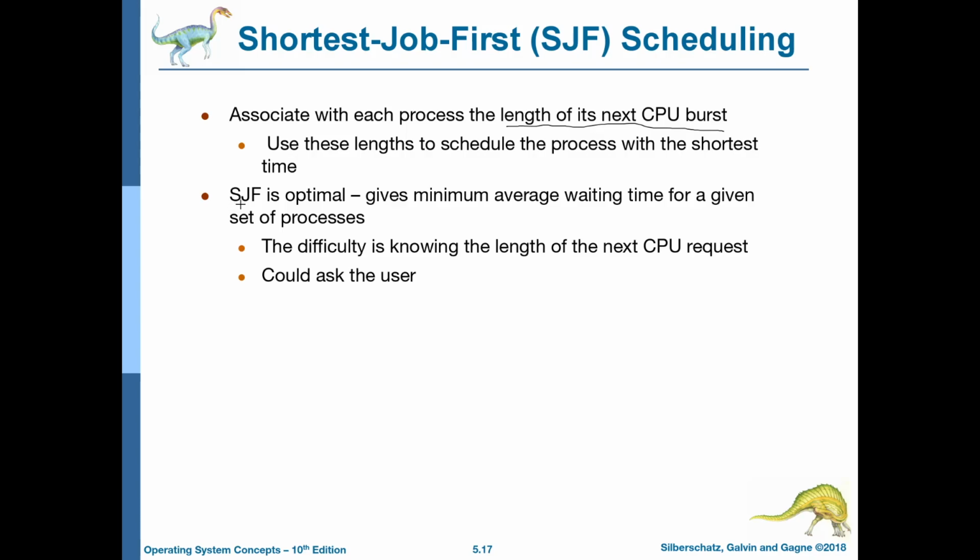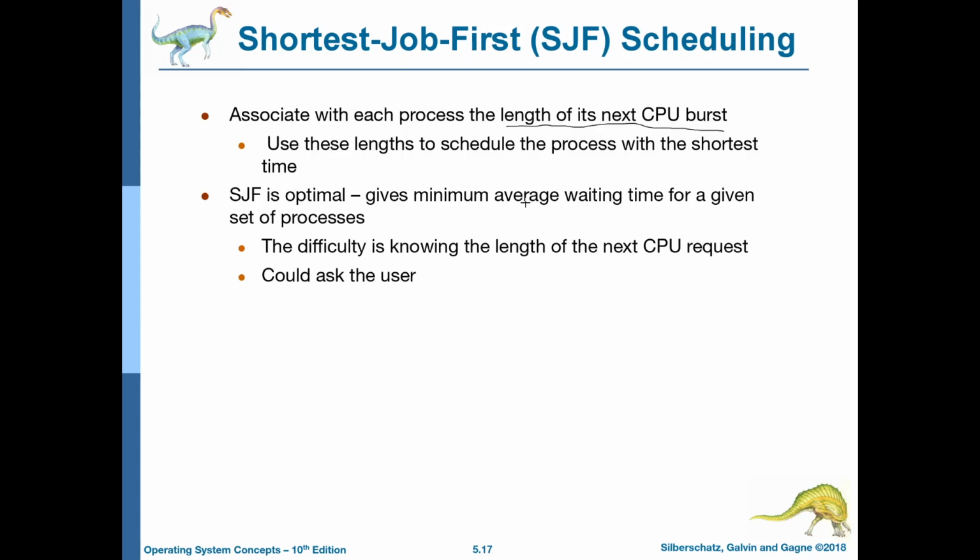The shortest job first schedule is optimal, gives the minimal average waiting time for a given set of processes, meaning that if you have a list of processes, it's always going to give you the least waiting time for all the processes.